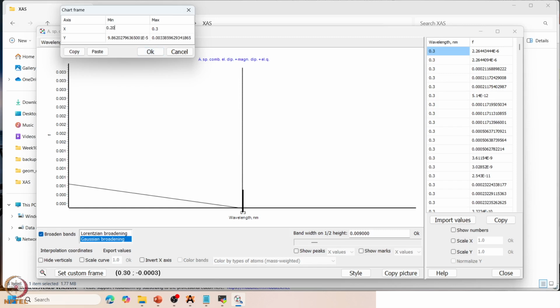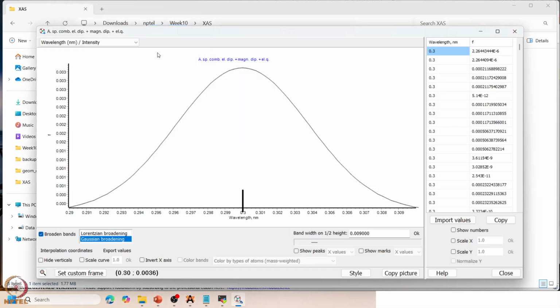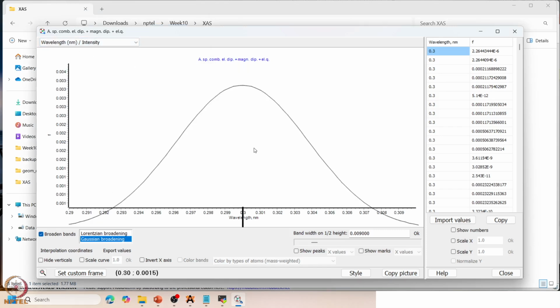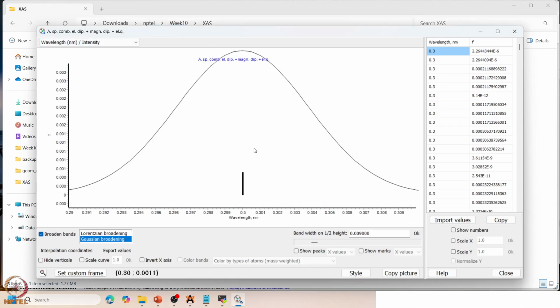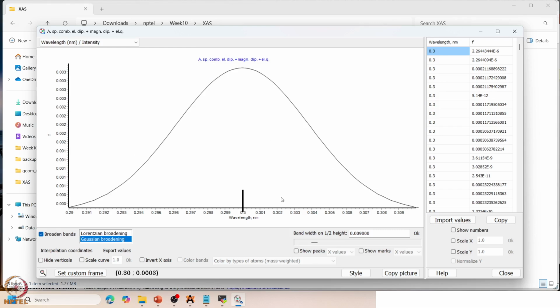X-axis maybe 0.29, y-axis. So, this is how the spectra will look like with the broadening, and most of the peaks are actually concentrated along here. So, maybe we could have taken even more.